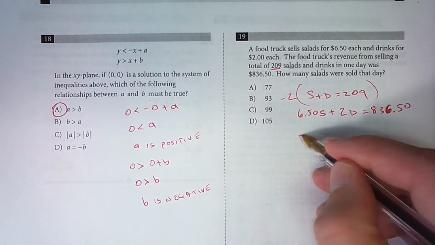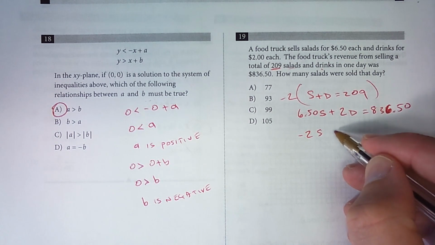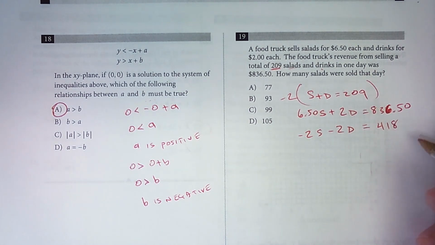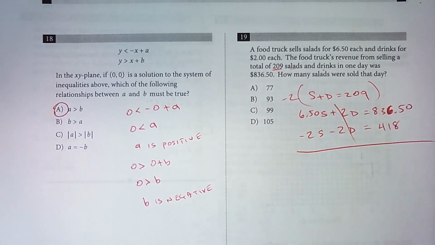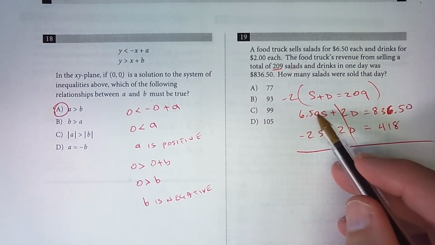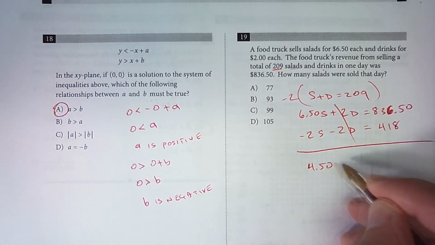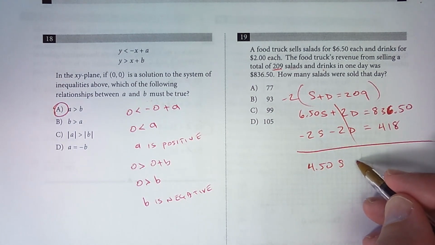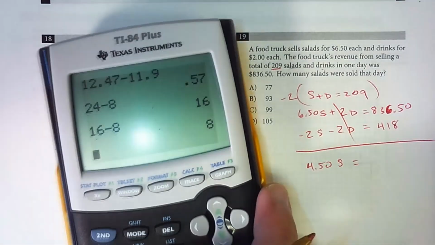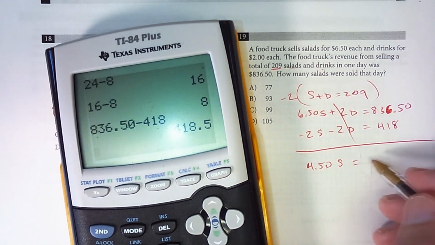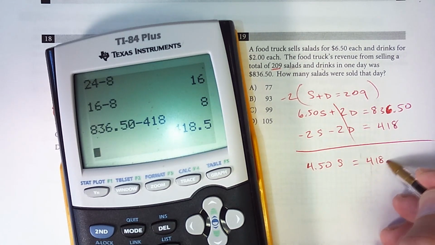So I'm going to multiply this by -2. -2S minus 2D equals -418. And the D's will eliminate. So $6.50 times S minus 2S, so that's 4.50S equals, and let's use our calculator for this part, 836.50 minus 418 is 418.50.